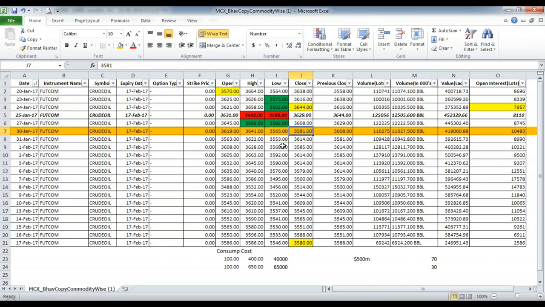Now let's see, on this particular day, did it break the low 3565? Did it go below this? Yes, sir. Okay, and was it able to close? No, sir.